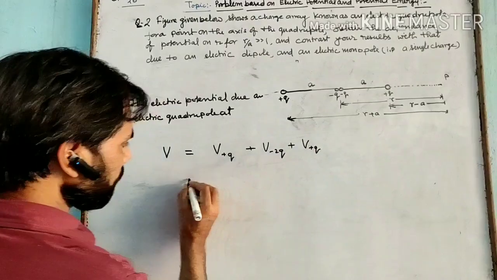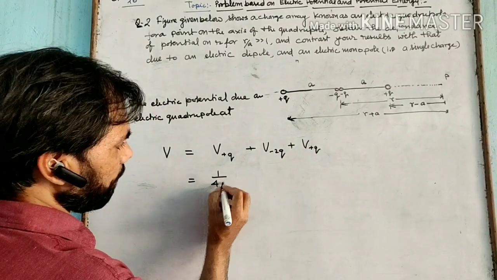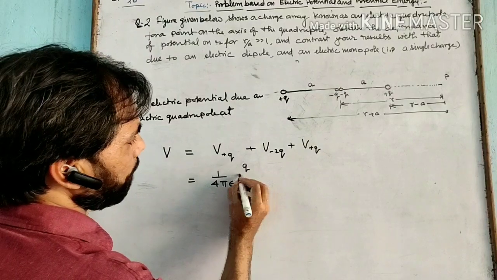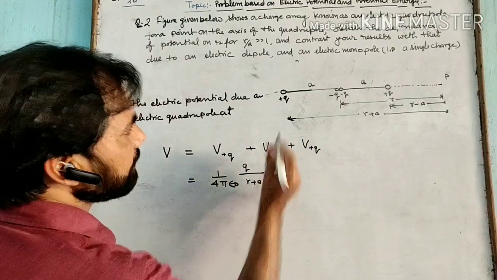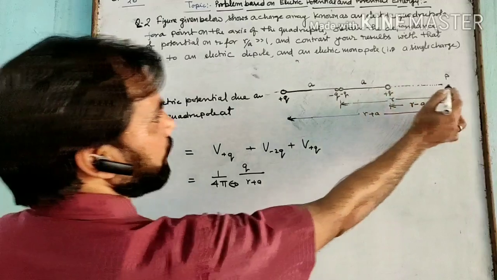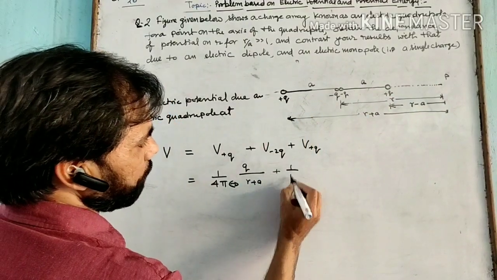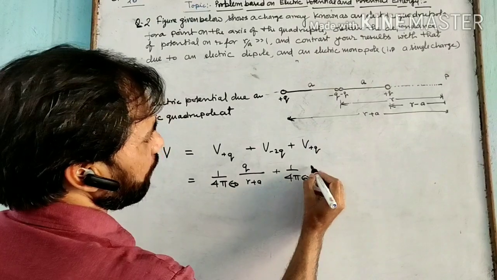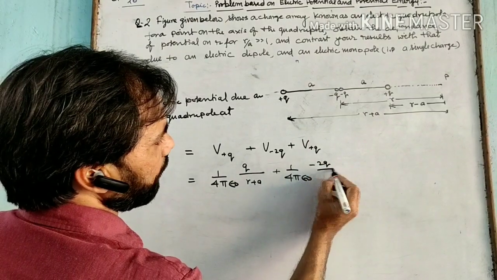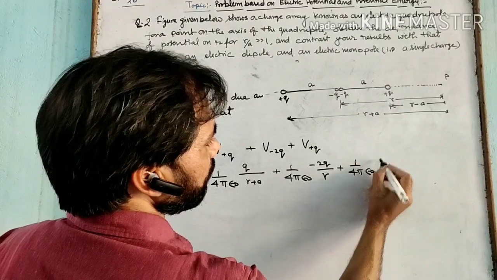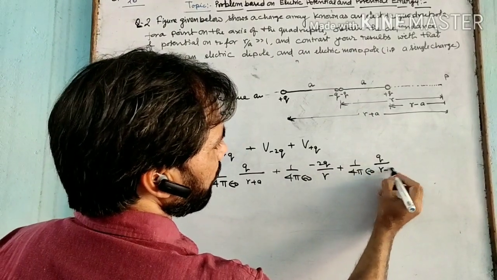Okay, let me write this as 1 upon 4 pi epsilon 0 q upon r plus a, since the distance of point P from plus q charge is this one, plus 1 upon 4 pi epsilon 0 minus 2q upon r plus 1 upon 4 pi epsilon 0 q upon r minus a.